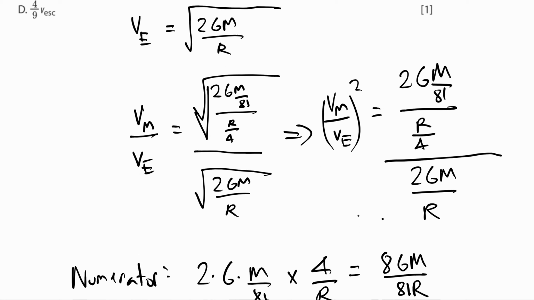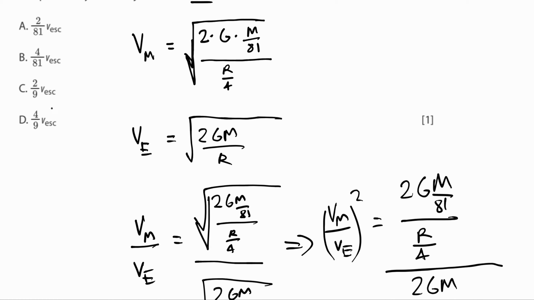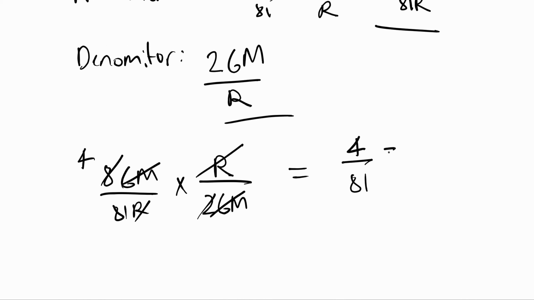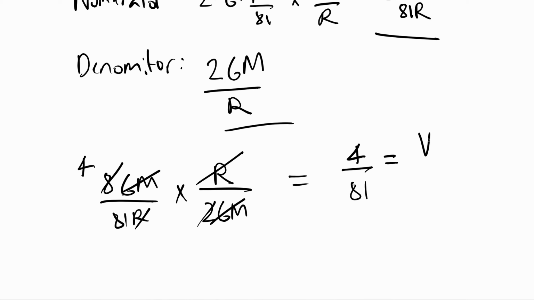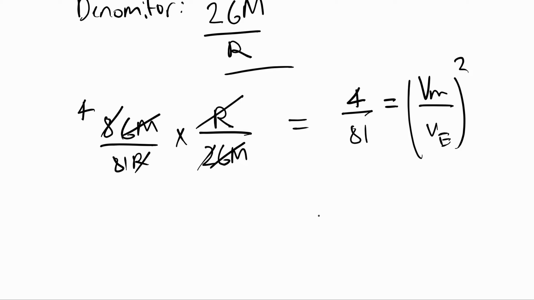But remember, even though it's here, that's not the answer. Why is it not the answer? Because 4 over 81, as we said before, is equal to Vm over Ve whole square. We still need to distribute this square back to this left side.